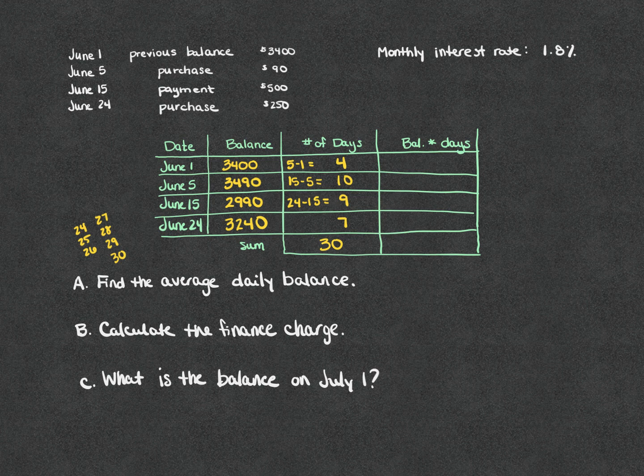Once you have this part done, then we're going to take the balance times the number of days and write that answer here. And we're going to do that for every one of the rows. So multiplying those together, we will get 13,600 for the first row, 34,900 for the second row, 26,910 for the third row, and 22,680 for the fourth row.